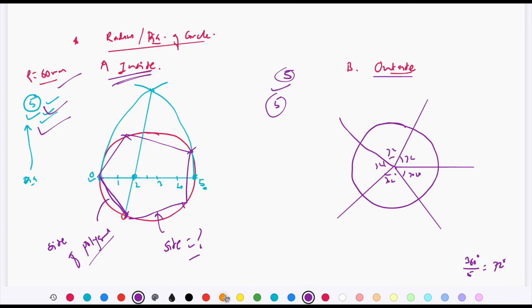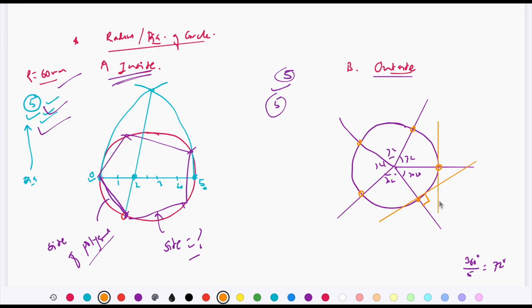Now next, we need to draw a tangent to the circle at all these points. While drawing those tangents, what we need to take care of is that the tangent you draw must be perpendicular to this division line.